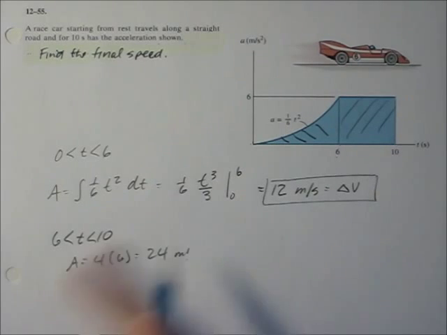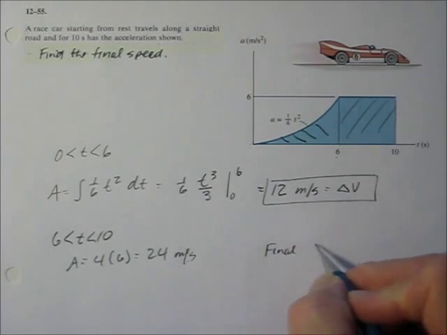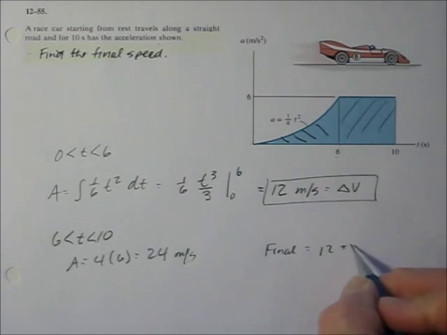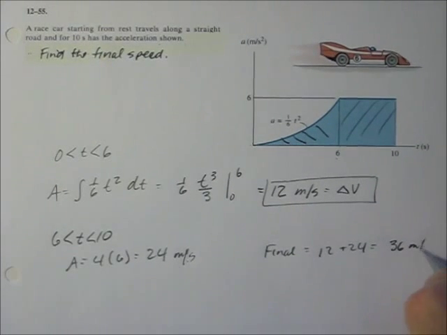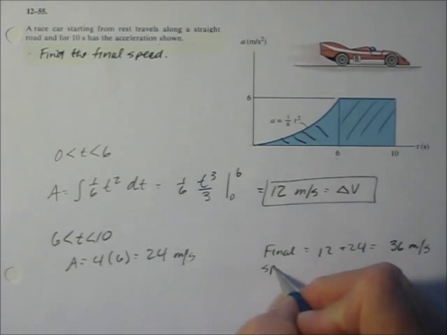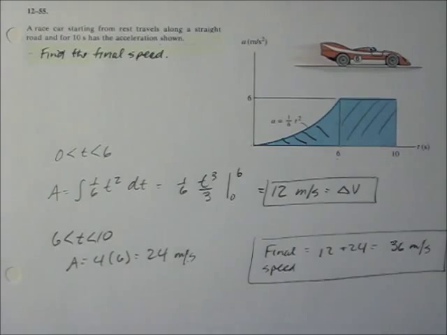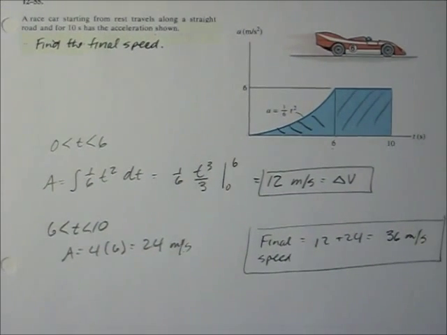So that's going to be the change in velocity from there to there. So the final speed is going to be equal to this 12 plus 24, so that's going to be equal to 36 meters per second. Sorry about that, I'm breaking my pencil. So the final speed is going to be equal to 36 meters per second. So that's quite easy to do, and we'll use more examples as we go forward.